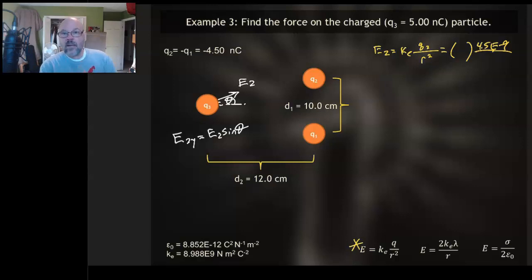Once I make my drawing, I've got my direction, and so I want to restrict myself to simply using the sines and cosines, and plus i, plus j, minus i, minus j as needed. So I want to calculate the magnitude of E2. I've already taken into account its direction with my drawing.